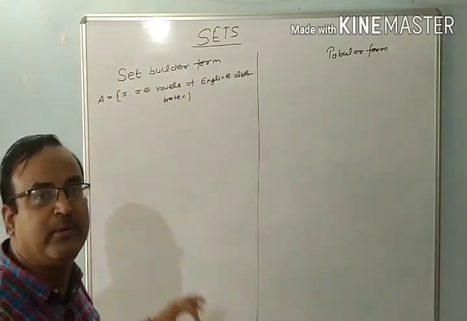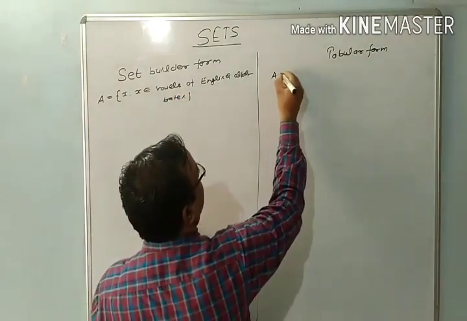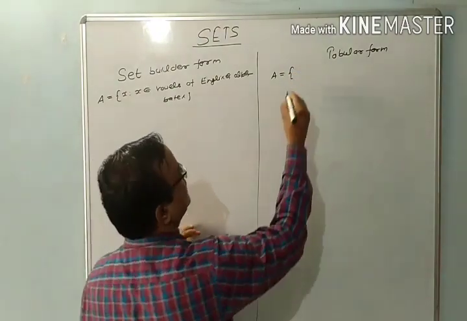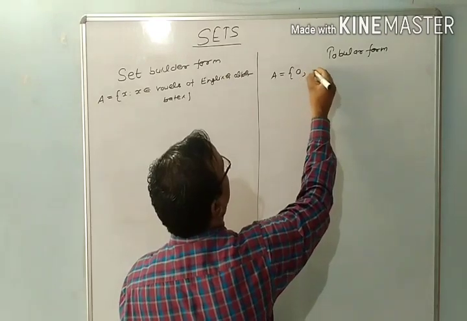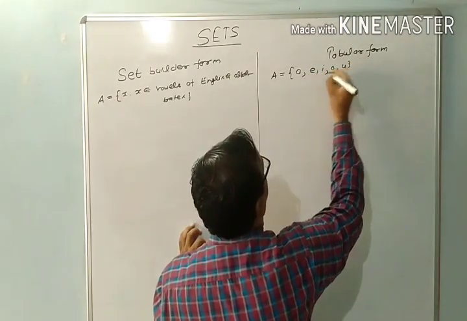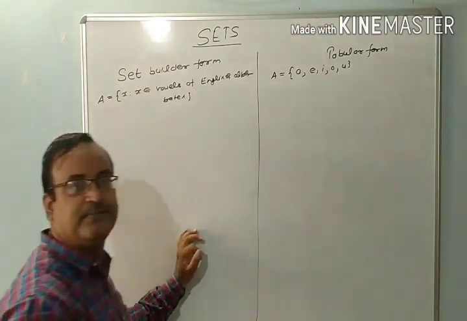Now we have to convert it into tabular form. I think you know A, E, I, O, U are the vowels. So we list the elements A, E, I, O, U, separated by commas within braces.